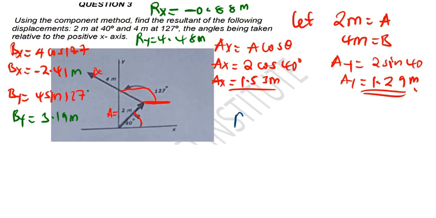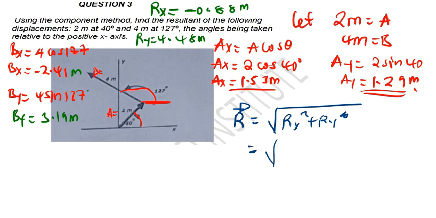Second quadrant. So the resultant of this vector will be the square root of Rx squared plus Ry squared. Believe me, nothing here will be difficult. We have Ry is negative 0.88, squared, plus 4.48 squared.